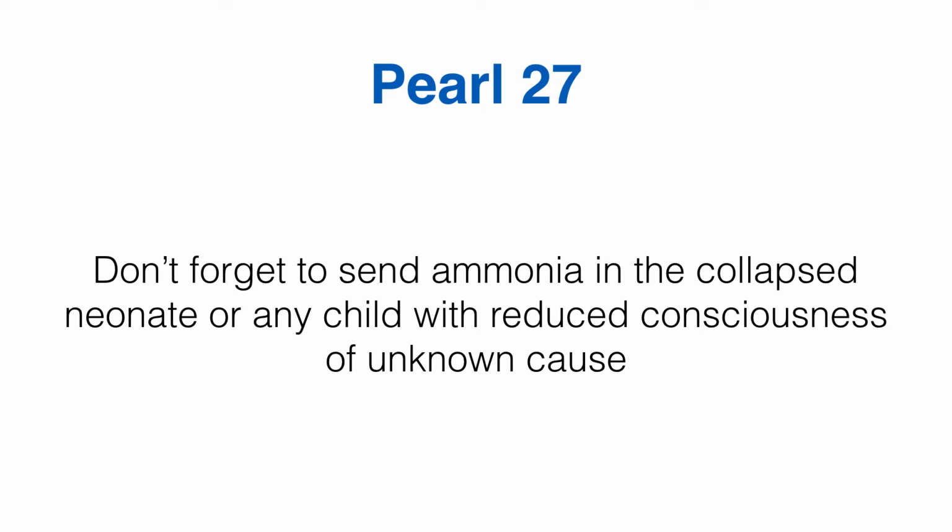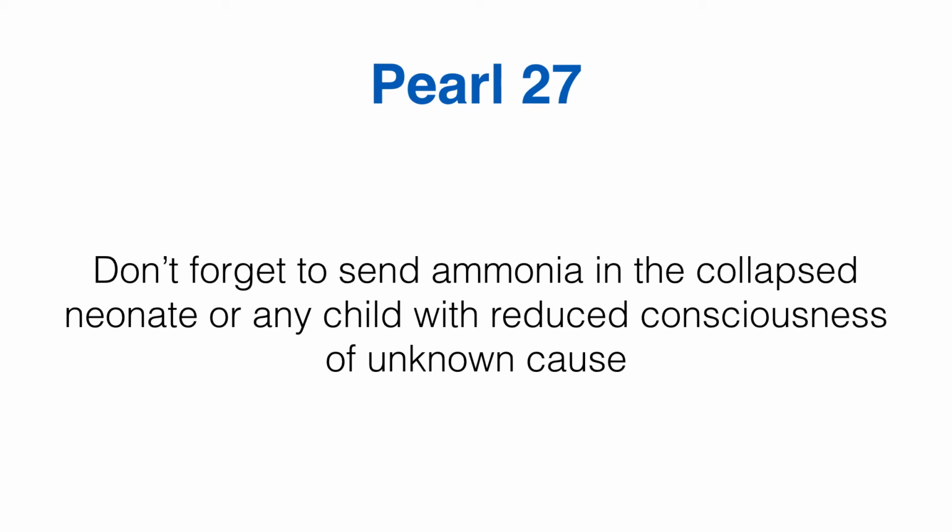The reason I've singled out ammonia is it's time critical that you find out whether your child has an elevated ammonia, and it's time critical that you try and bring that ammonia level down through one of a number of methods. The longer the child's brain is exposed to an elevated ammonia, and the higher the level of ammonia, the worse the outcome.